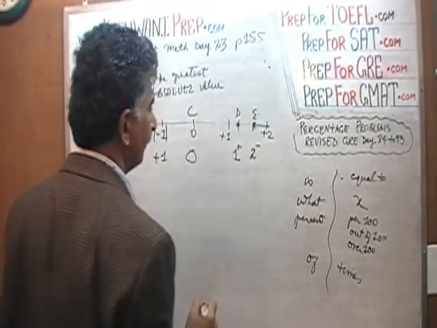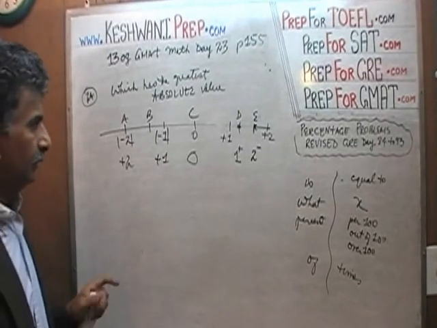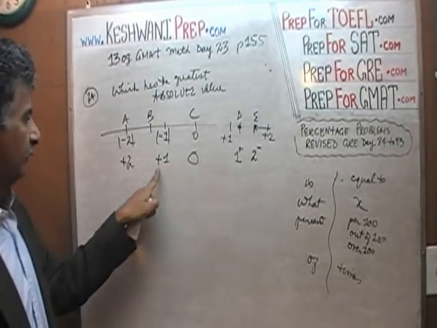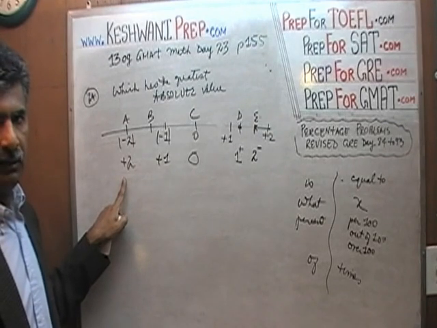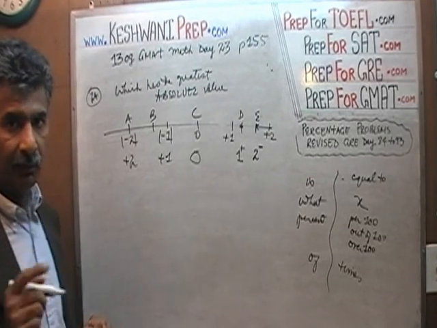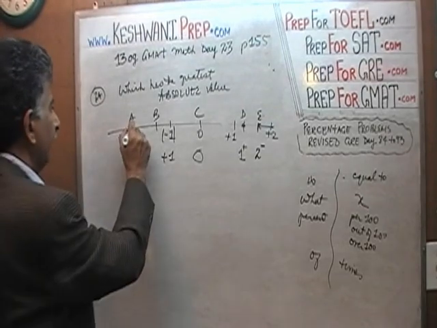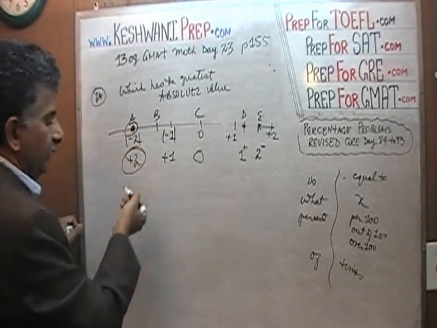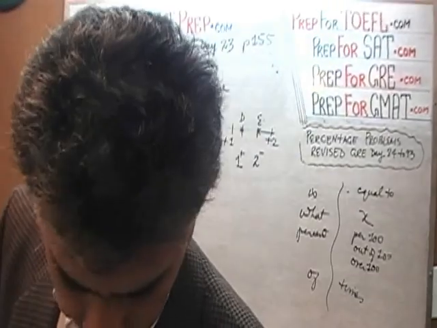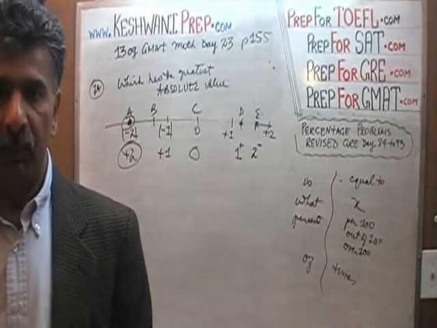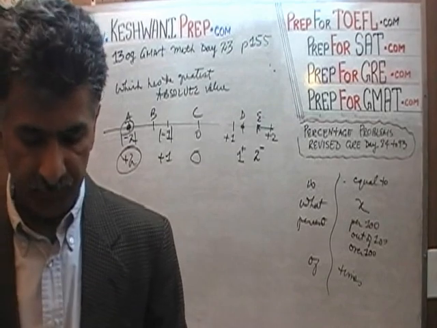The point that is sitting farthest away from 0 in either direction is A, because A gives you the absolute value of 2, which is the biggest number among the 5. Even though it's a -2, that's the whole point. By the time you take the absolute value, it becomes +2.